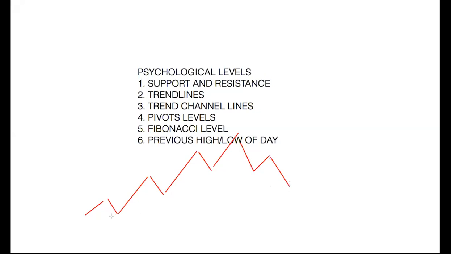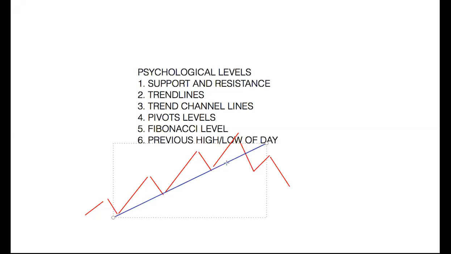If you plot a line here, you see the way the price has been respecting the line here, here, and then all of a sudden it stops respecting it. So you know that something is wrong. The market's about to reverse. So when I have this line on my chart, I don't need an indicator to tell me that this thing is about to reverse.